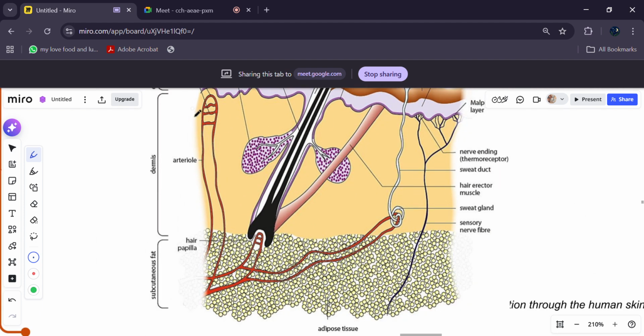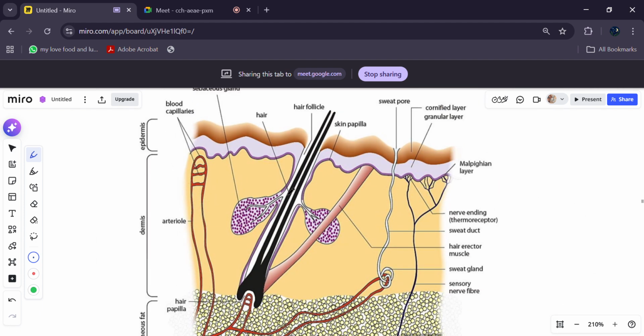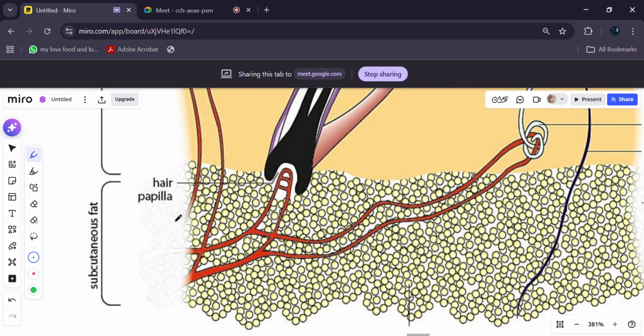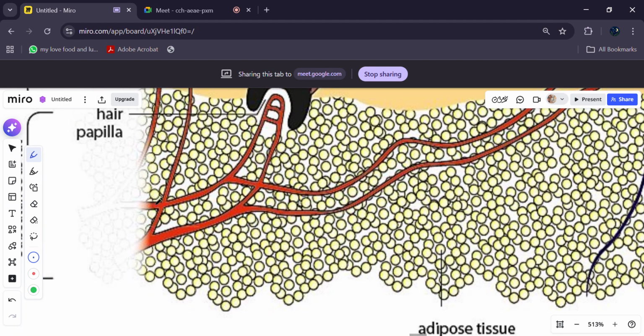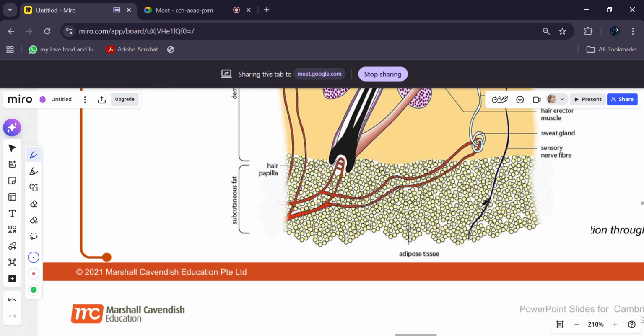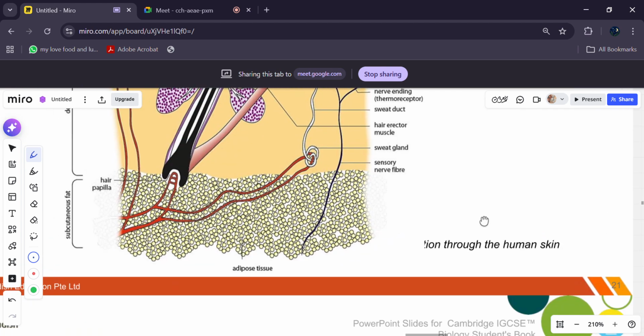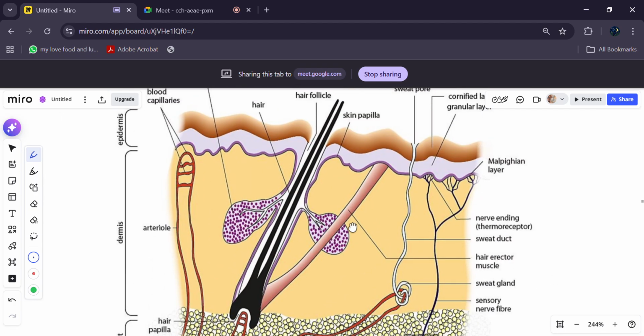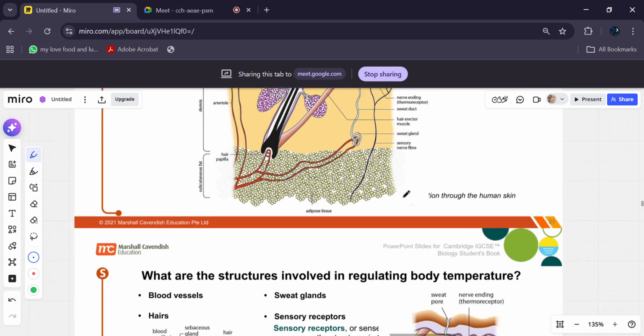While this entire part where the hair follicle and nerves are, with the blood capillaries, is called the dermis. And the lower part is called the subcutaneous fat. Basically, all this here is fat. So this entire part shows what the skin looks like.